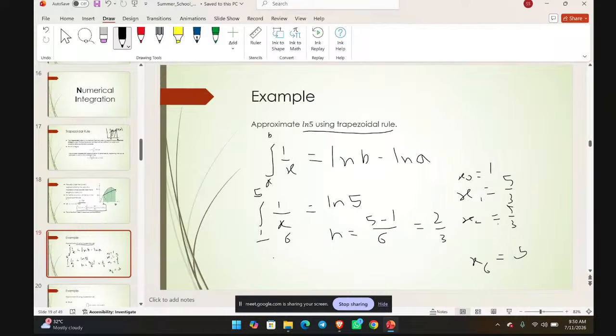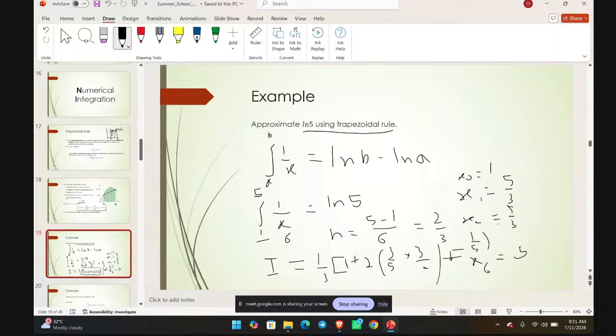So we use the formula to approximate the integral. I is equal to h by 2, which means 1 by 3, into f of x naught, 1 by 1, which is 1, and 2 times f of x1 plus f of x2 plus up to f of x5, 3 by 5 plus 3 by 7 plus and so on, and plus 1 by 5, which is f of x6.